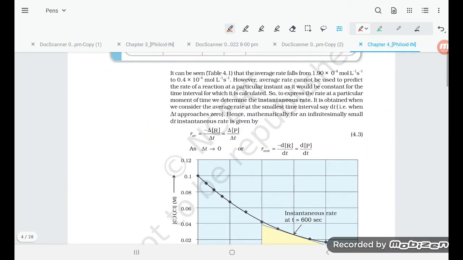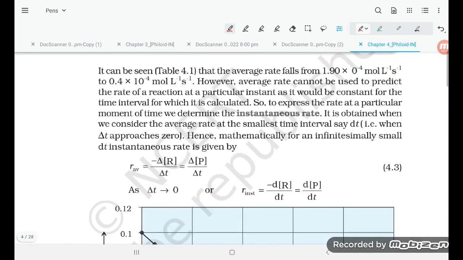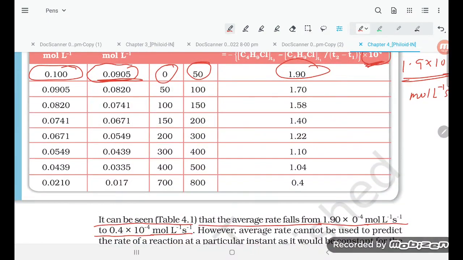Now go for the other case. It can be seen in table 4.1 that the average rate falls from 1.90 into 10 power minus 4 mole per liter per second to 0.4 into 10 power minus 4 mole per liter per second.